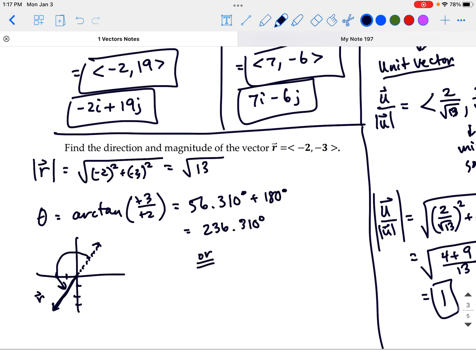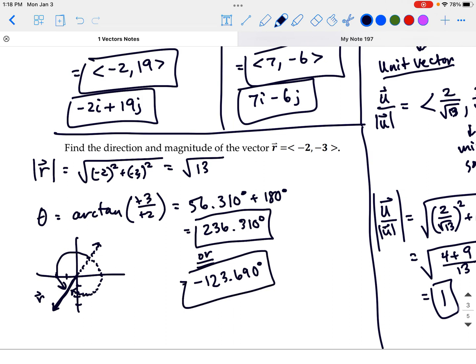Or, note, we could subtract if we wanted to. So we could have subtracted 180 degrees. And so that would give us, let's see, something less easy to calculate. Negative 123.690.